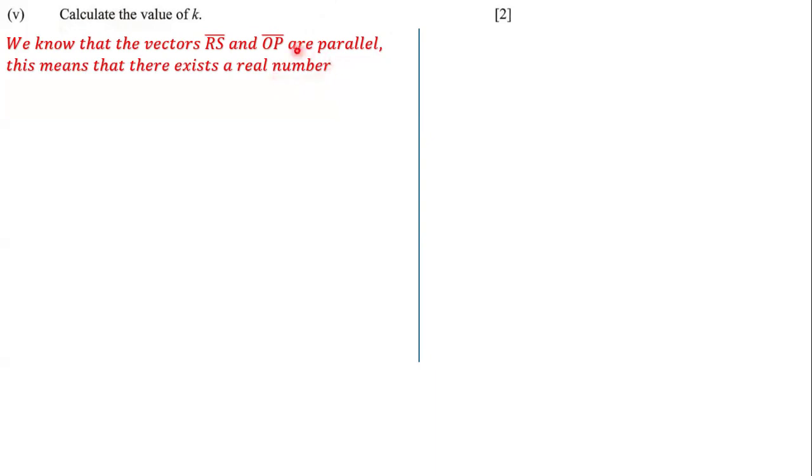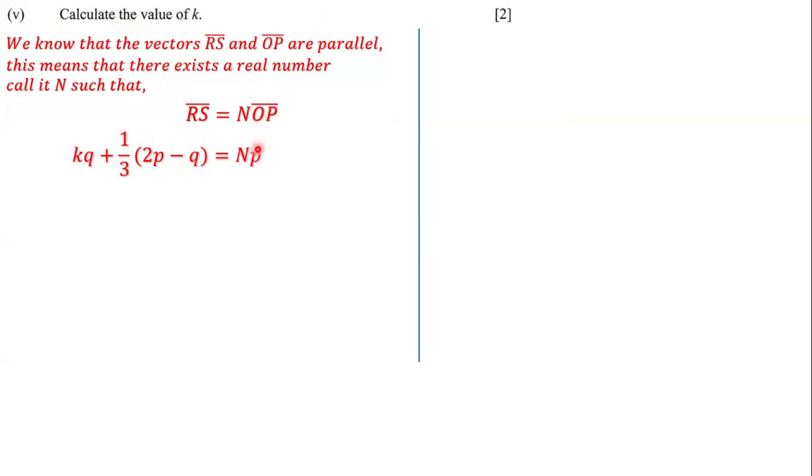And so if two vectors are parallel, there exists a real number, let's call it n, such that we can take n multiplied by OP and get RS. So what is RS? RS is equal to KQ plus a third 2P minus Q. And what is OP?